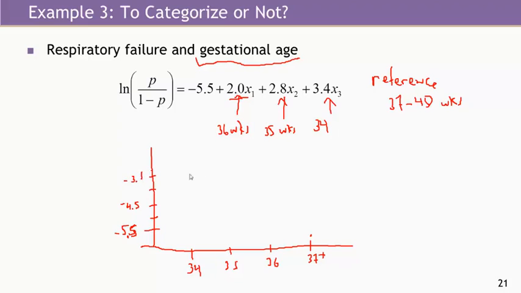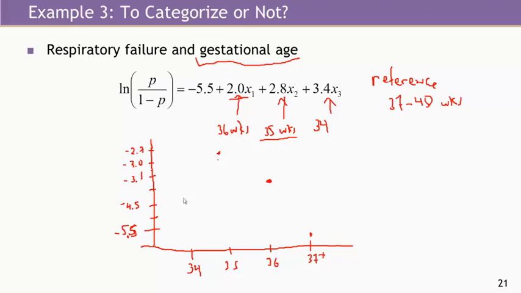So its value is negative 3.5. 36. And then how much larger is 35 weeks than the same reference group? Well, it's 2.8 units, which puts it at about negative 2.7 on a log odds scale. I'm not drawing this perfectly to scale.